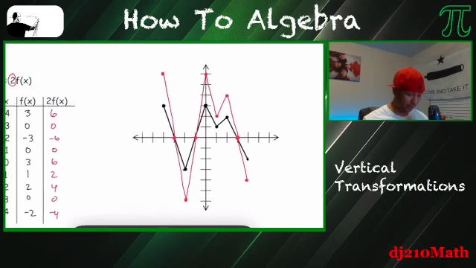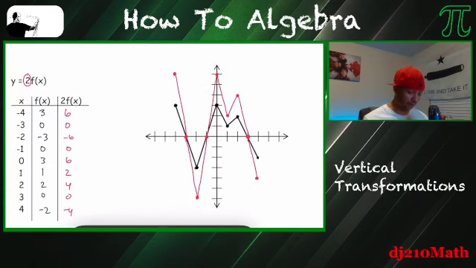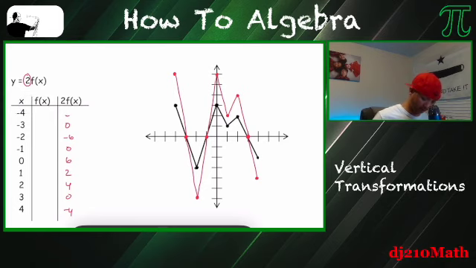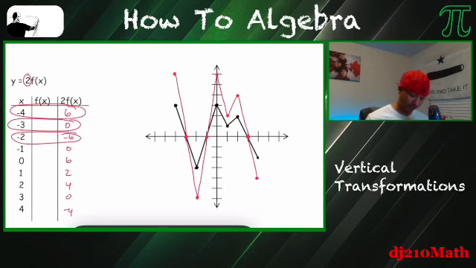Now, if we want, we can use the table to verify what I'm saying. If we pick a point, disregard the middle, I don't care about those anymore. So -4, 6; -3, 0, that's what I was talking about on the x-axis; -2, -6; -1, 0. All the points are there.